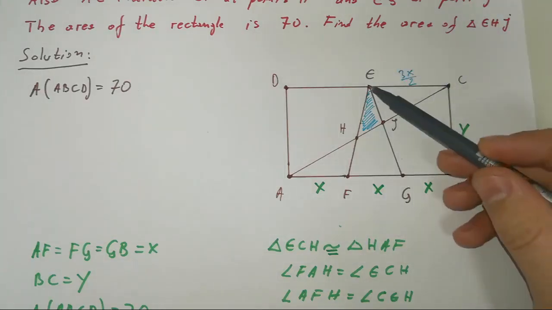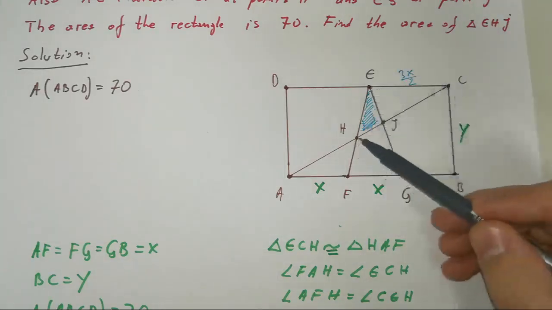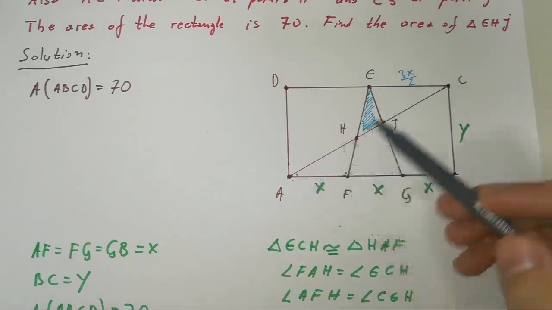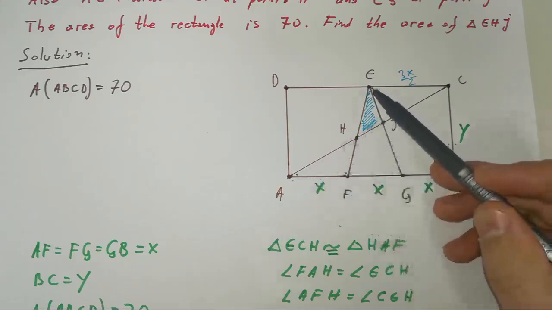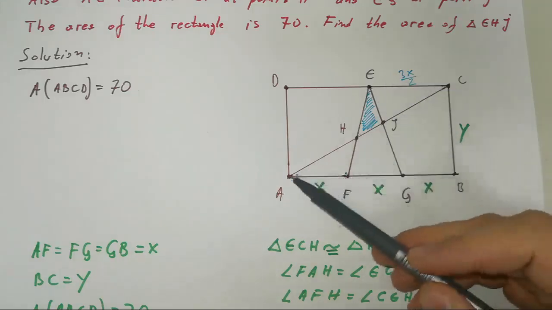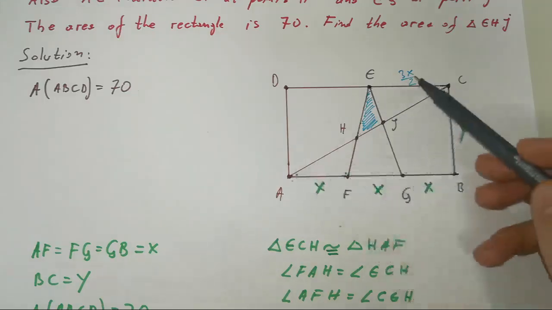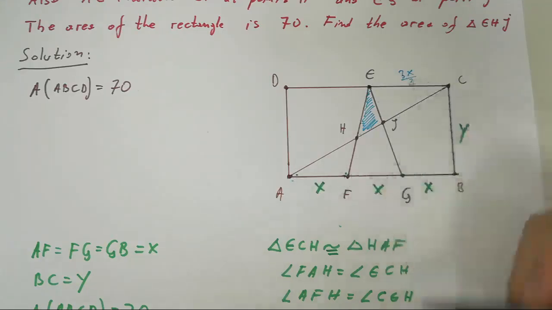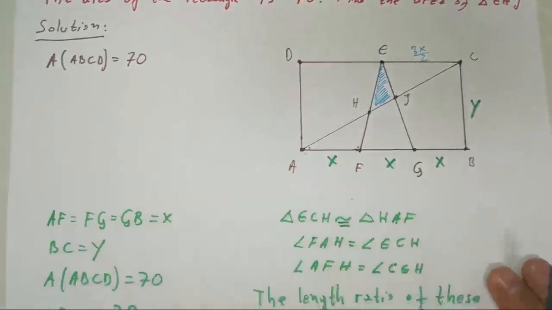Because these two triangles EHC and EHF are similar, the side EC is proportional to the side AF. So just divide EC over AF, it will be 3 over 2. So we got the ratio.